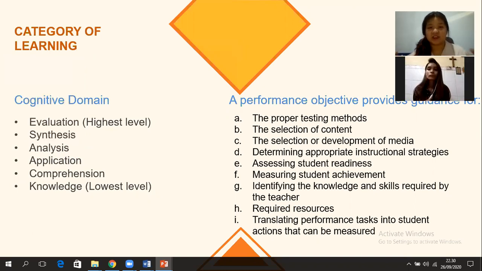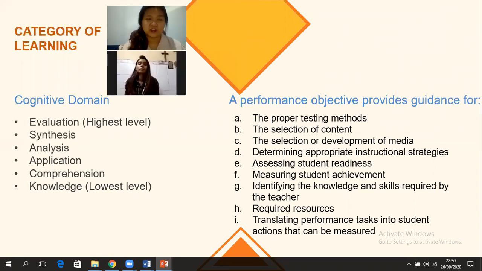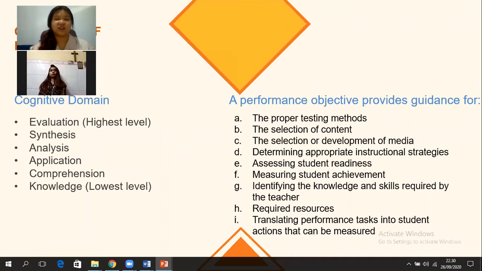Okay, so this is the category of learning. In the category of learning, we have the cognitive domain. The cognitive domain includes all of this.